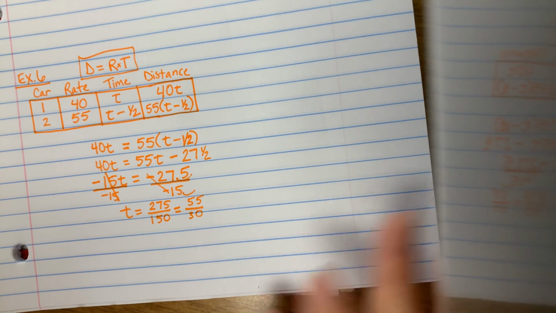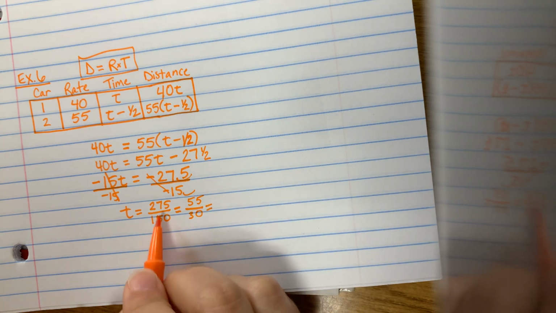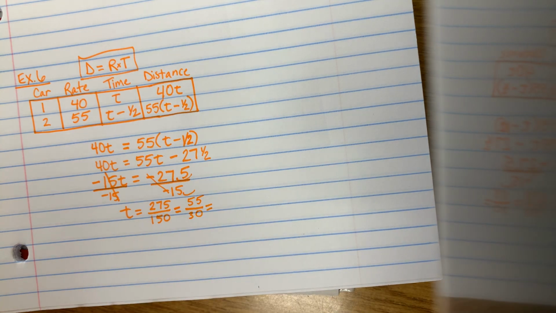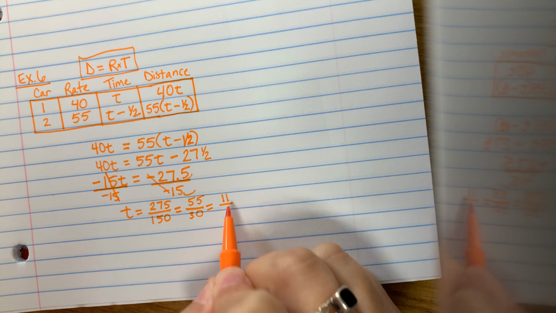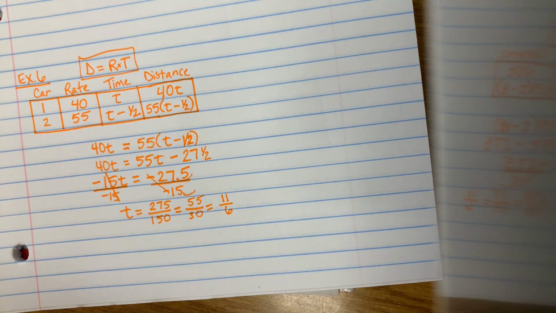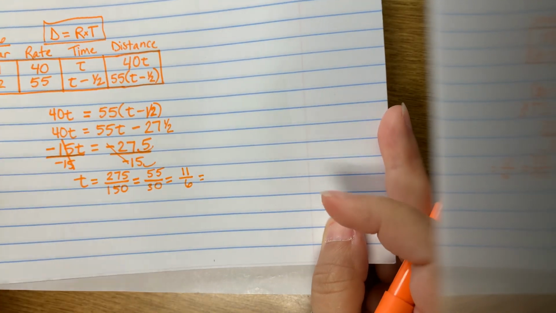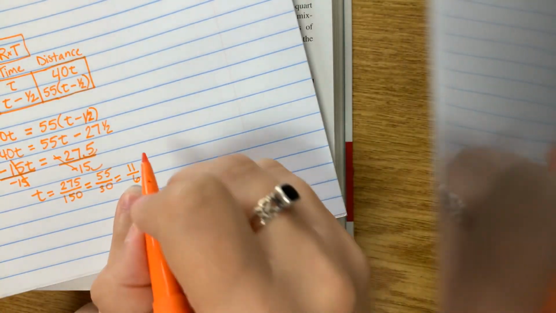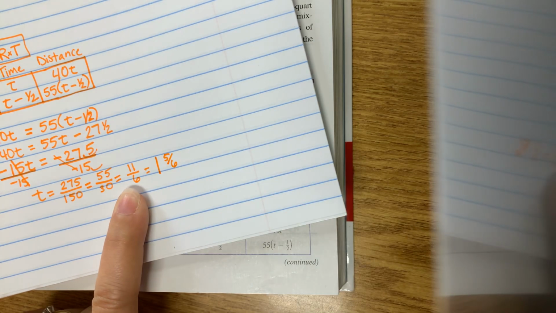And then these are both divisible by 5 again. So let me just do that again. That means that they were both divisible by 25. I could have just counted by 25s. That may have been easier. Oh, well. Divide by 5, that gives me 11 over 6. So, okay, let's think about this in hours and minutes. This is the same thing as 1 and 5/6.